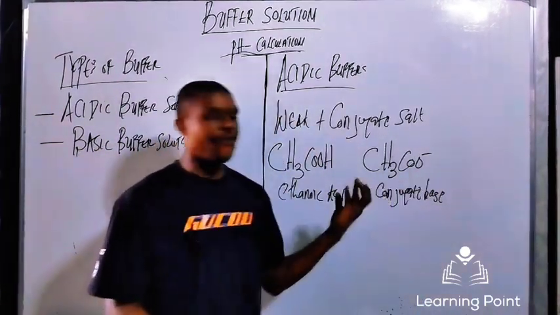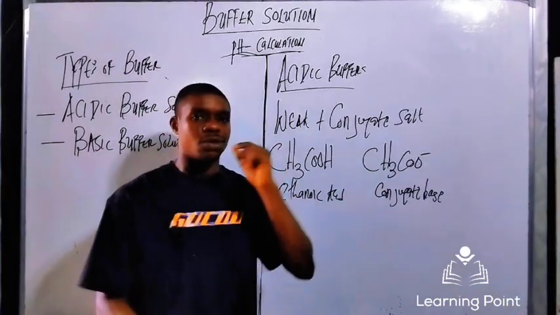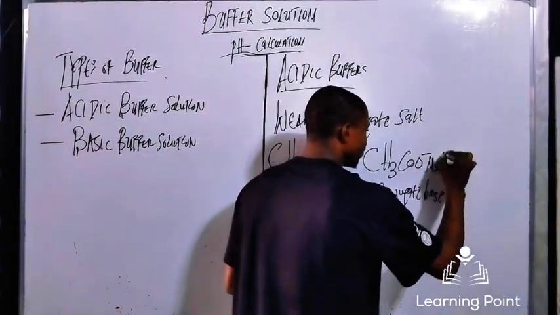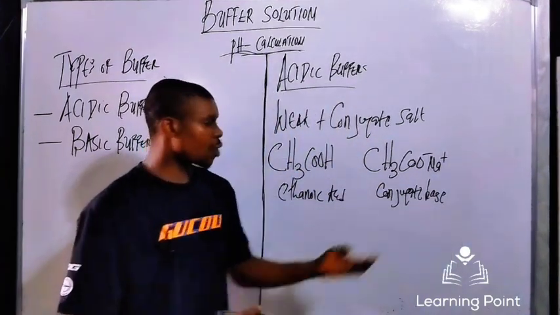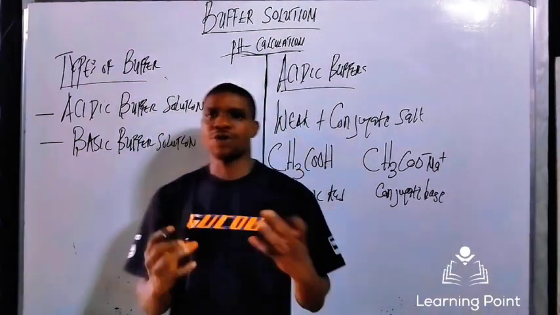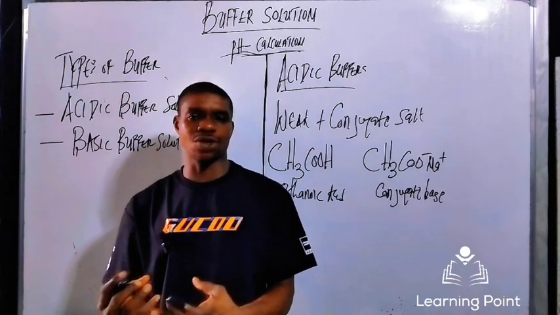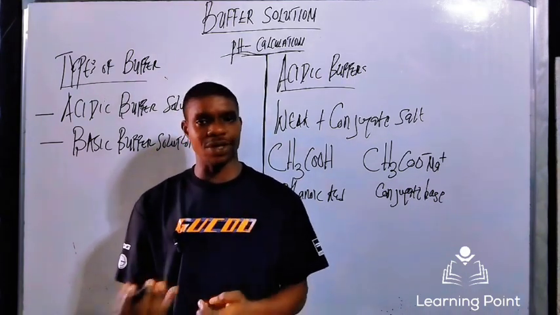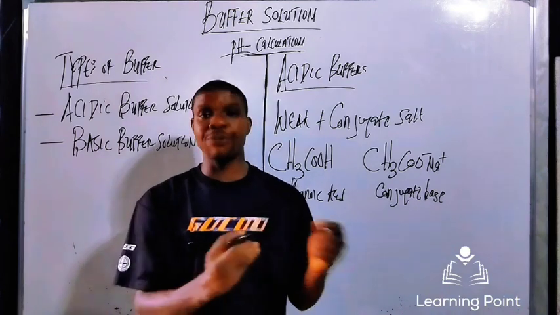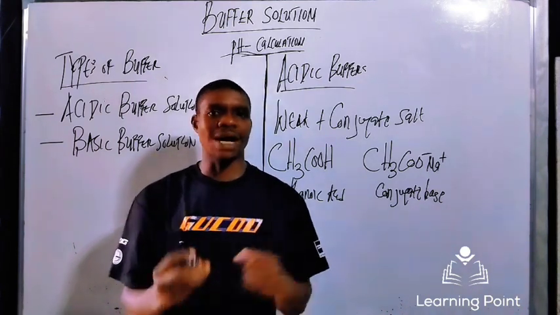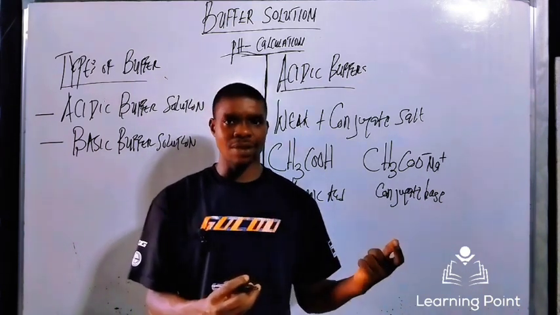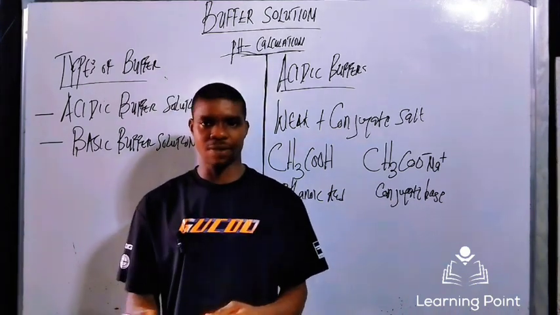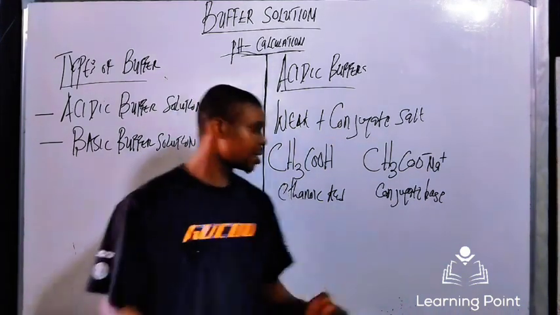Now, if you add sodium or a metal to it, like Na plus, these are called conjugate salts. So conjugate base and conjugate salt are used interchangeably. Just like you can say conjugate salt, you can say conjugate base. Acidic buffer solutions are solutions that combine a weak acid and its conjugate salt or conjugate base, whichever one you want to use.